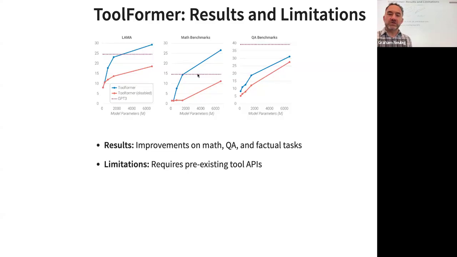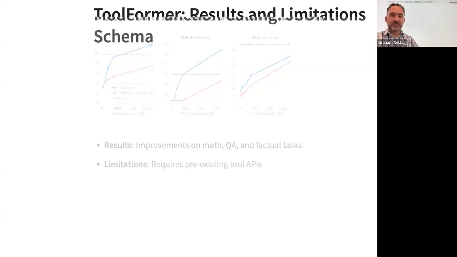I think the reason is that the smaller models were too poor at generating good tool calls, so you needed a certain level of accuracy before it got better. But if you got bigger and bigger, the benefit of having a tool would probably decrease because the base model was able to do things well. So I don't think this would continue forever.